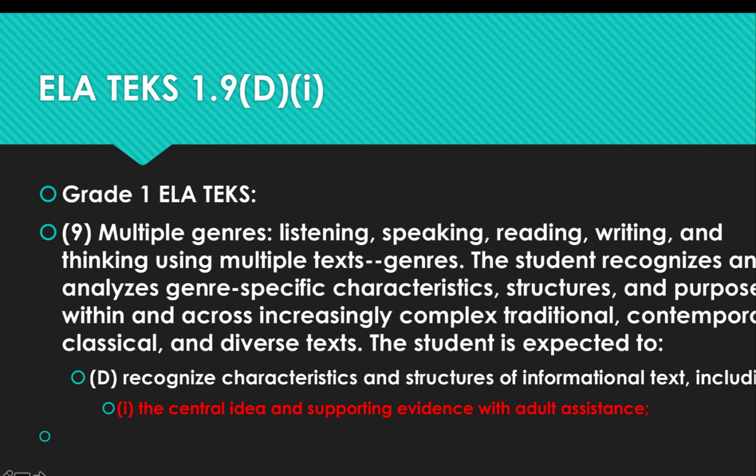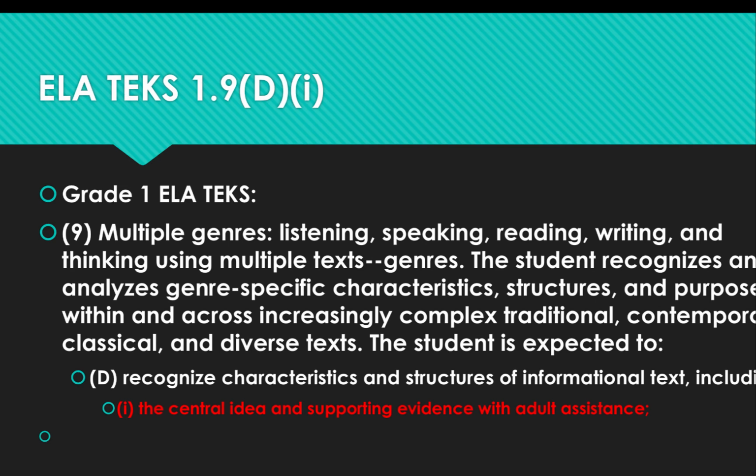Then when we get down to D, the student is expected to recognize characteristics and structures of informational text, including the central idea and supporting evidence with adult assistance. There you go. With adult assistance means highlighted already for the student. So for first grade, this particular text is an accommodation, not a modification.